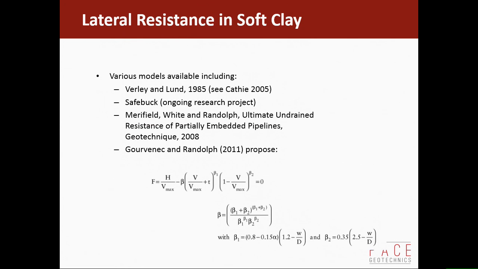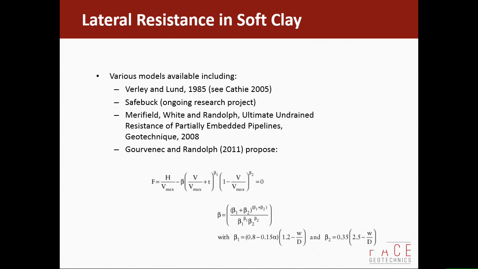So, lateral resistance in soft clay, there's several methods around. That's the one in Gouveia and Randolph, which is the reference I gave you at the start. And it looks fairly complex, but in reality it boils down to these equations where w is the depth of embedment, D is the diameter, V is the current weight of the pipeline, and V max is the maximum weight it's experienced.